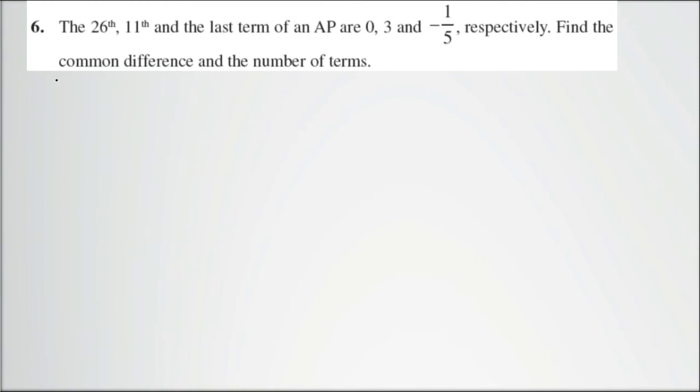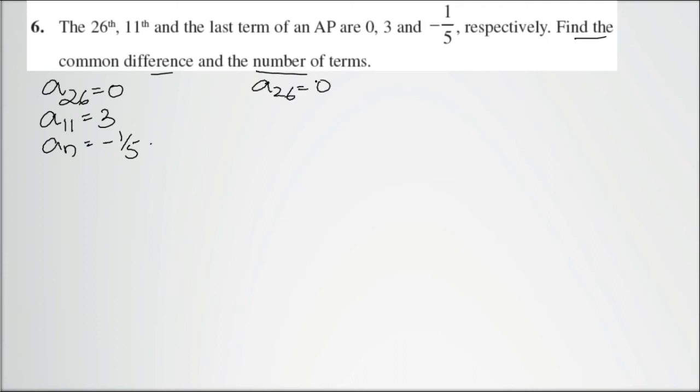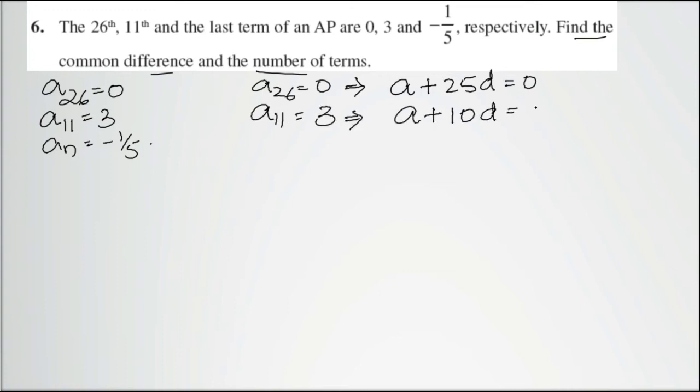Question number 6. We are given 26th term as 0, 11th term as 3, and the nth term as negative 1 by 5. With this information, I need to find the common difference and the number of terms. Let me first consider A26 equal to 0, which will be nothing but A plus 25D equal to 0. A11 equal to 3, it is same as A plus 10D equal to 3.